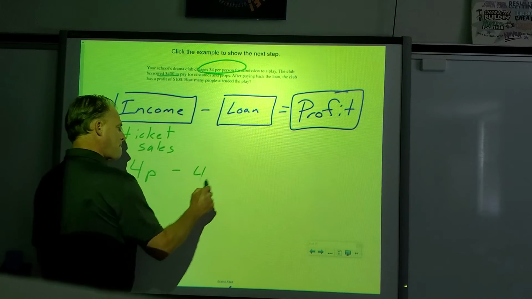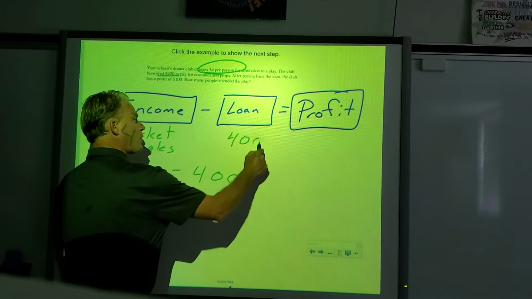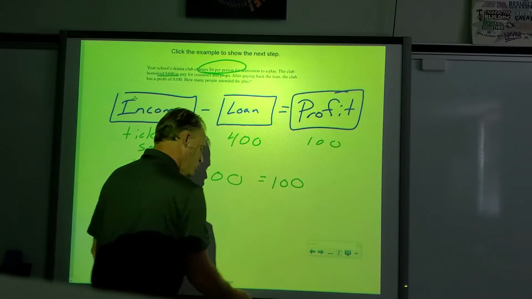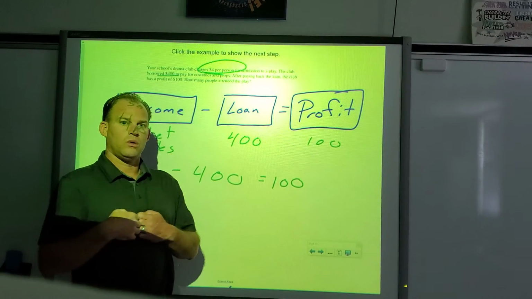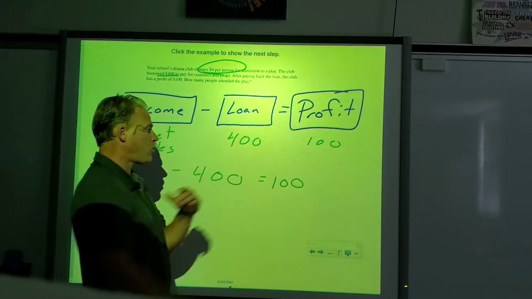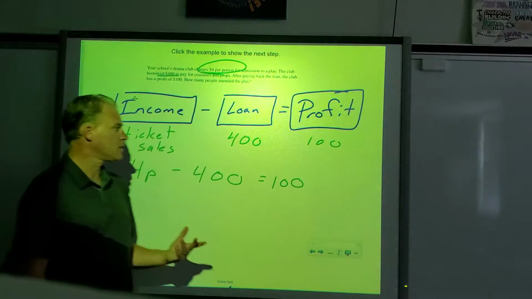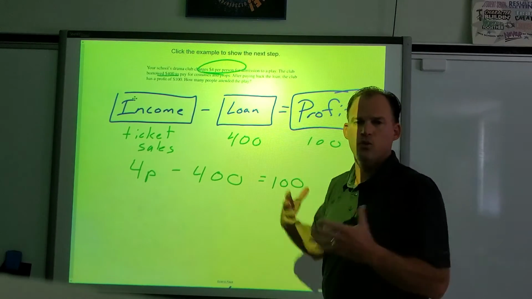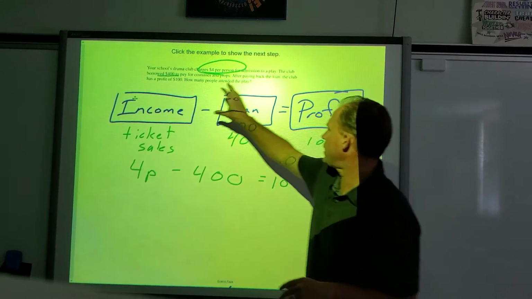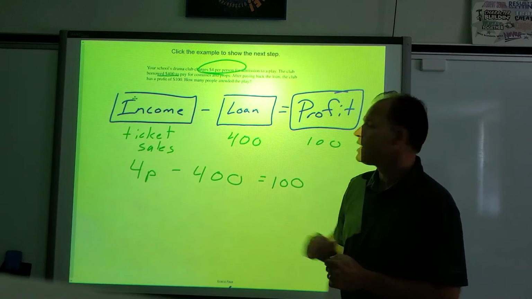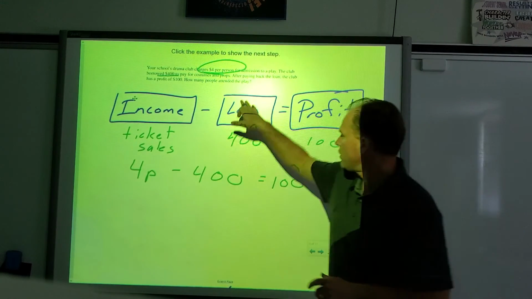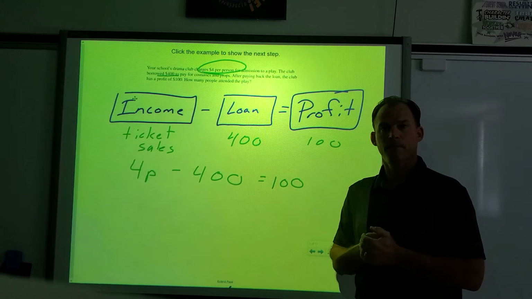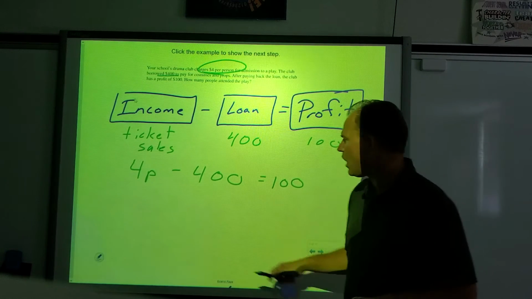So my loan, $400. My profit is $100. So I would not have come up with this equation right off the top of my head. But by thinking about a normal, how do things work, income minus loan equals profit, figure out what your income is, loan, profit. Now I have an equation I can work from. Now I have something I can solve.